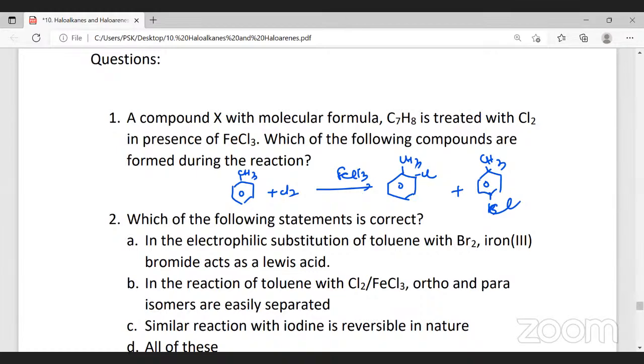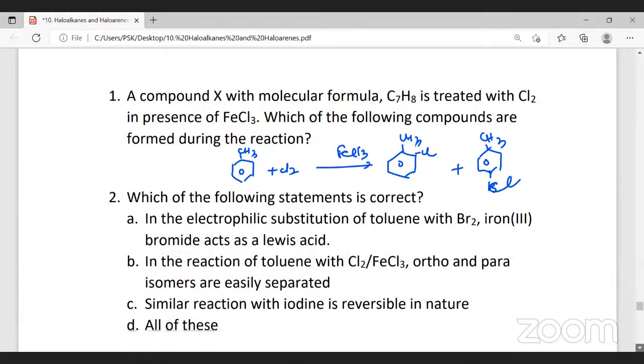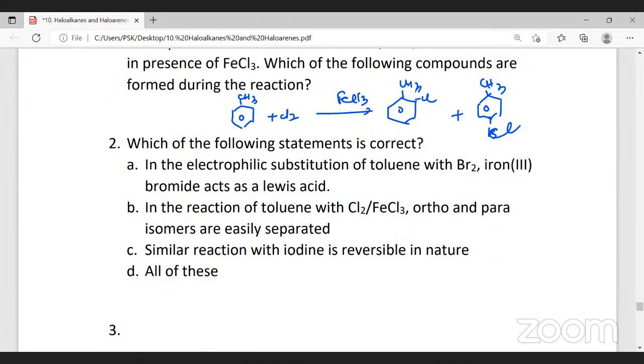Now, which of the following statements is correct? In the electrophilic substitution of toluene with bromine, iron(III) bromide acts as a Lewis acid. See, all catalysts like FeCl3, AlCl3, FeBr3, all these are electron deficient. They act as Lewis acids.